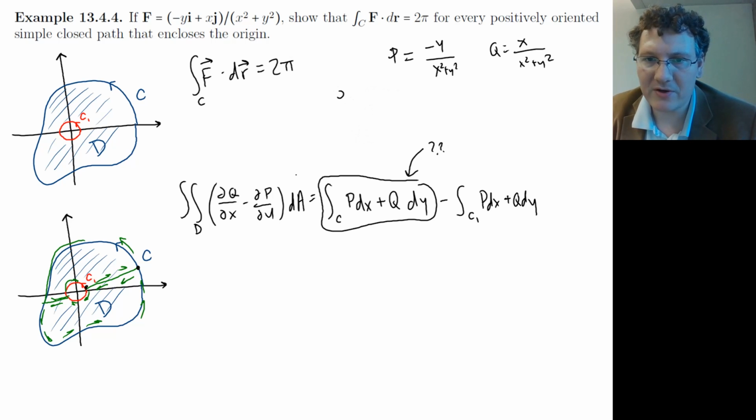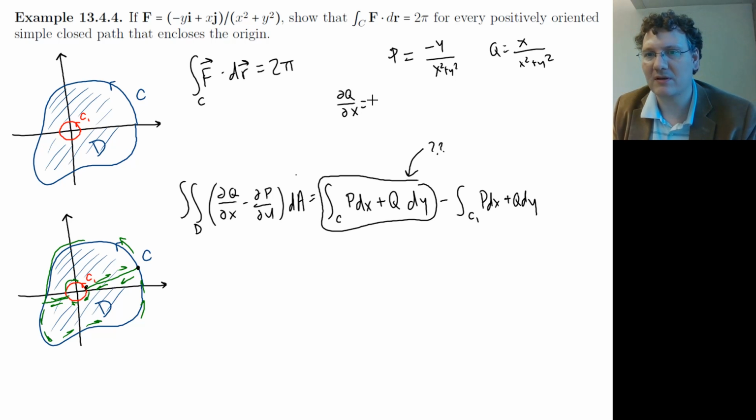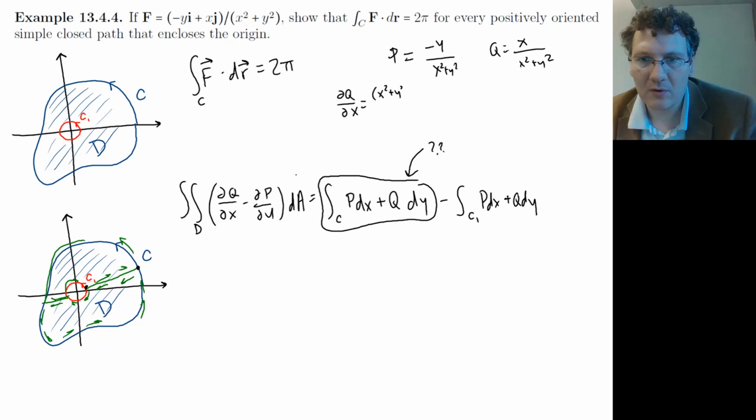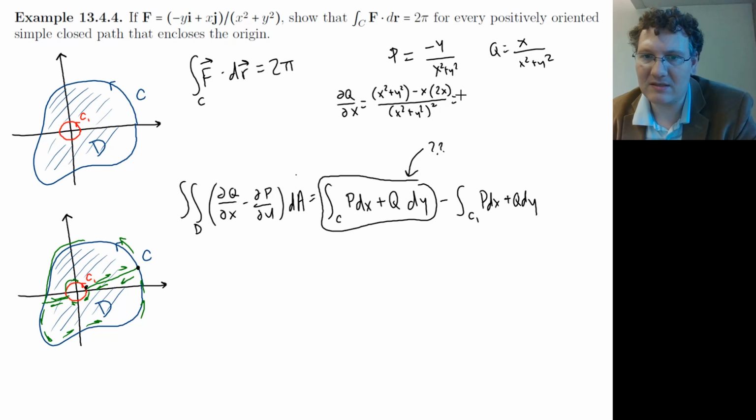Let's do the partial of q with respect to x, using the quotient rule. We have 1 times x squared plus y squared minus x times the derivative of x squared plus y squared, that's 2x, all over x squared plus y squared squared. This is actually going to be y squared minus x squared over x squared plus y squared squared.